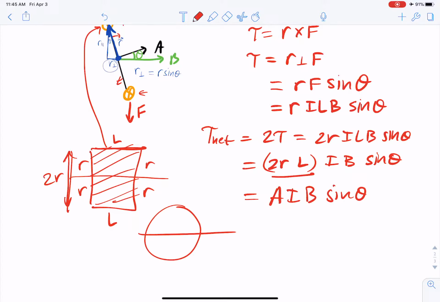Okay, so it just depends on the amount of current going through there, the area, and the magnetic field strength going through it. And the angle between the normal to this area. The area is going that way. And this magnetic field.